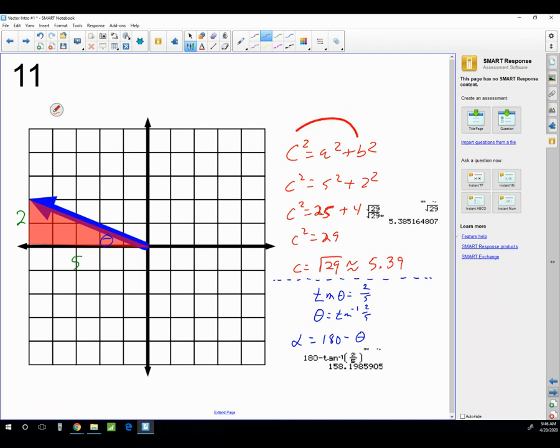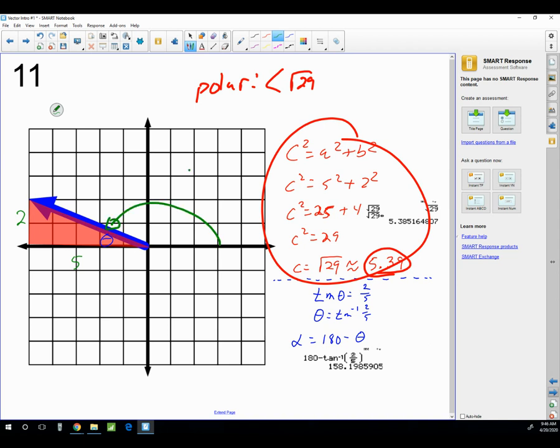We're going to use the Pythagorean theorem to find the magnitude. So for the polar form, it is root 29. Again, at Socrative, you can type root 29 or 5.39. Don't do both. All right, and the direction would be that. That's going to keep us on this interval 0 to 360 where it's positive. You could do otherwise, but we're not really going to do that too much for now.